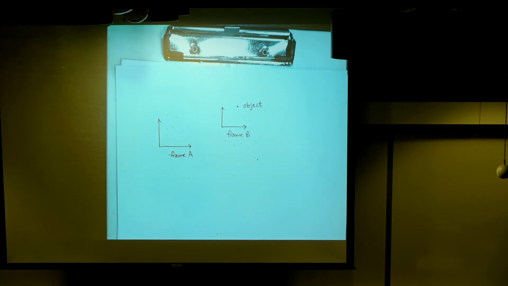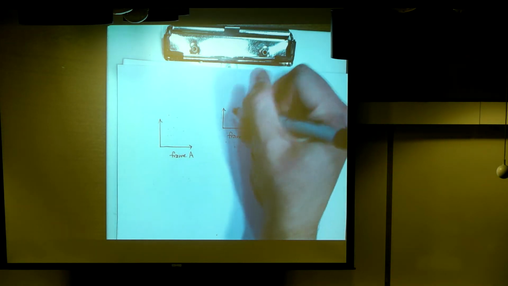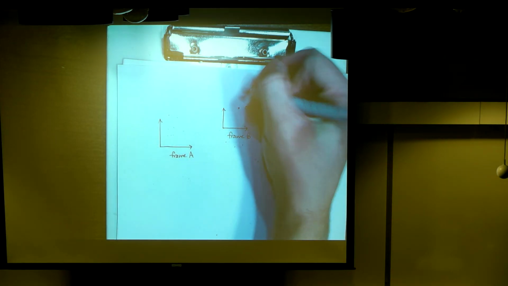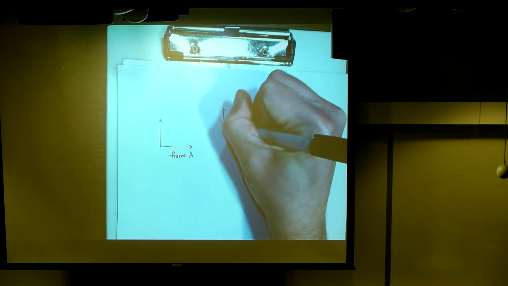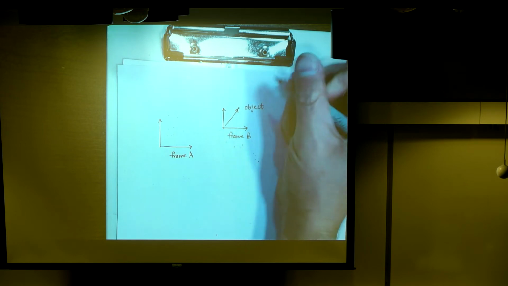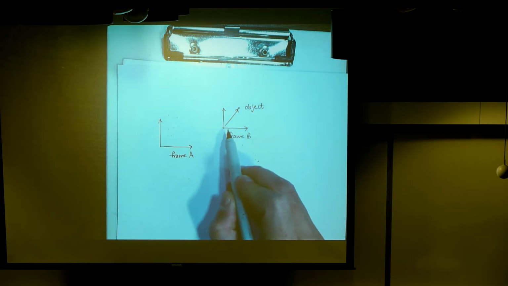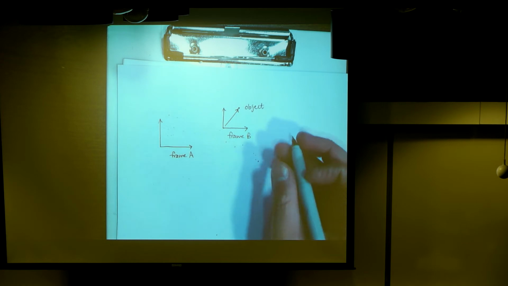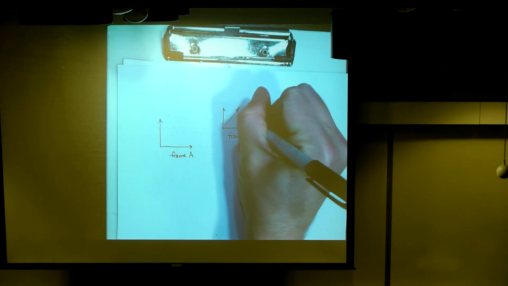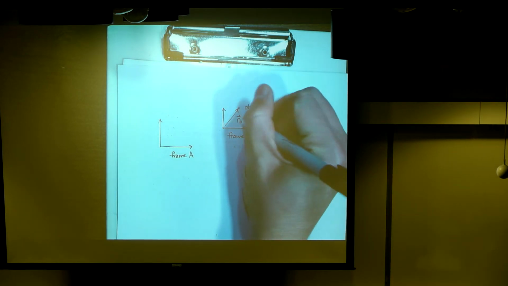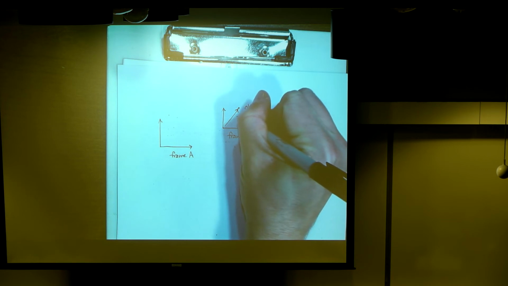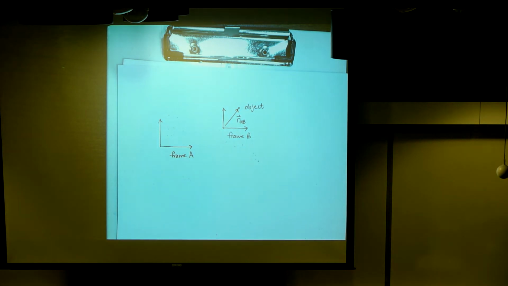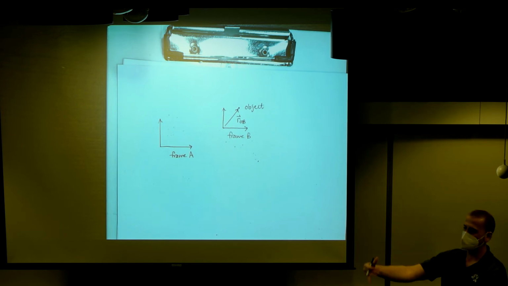Okay? So the position of our object, as we would measure it in the frame of reference B, is this right here. So if I go from the origin of frame of reference B out to where the object is, that would be the position of the object measured in frame of reference B. So I'd write that as ROB. That's how the notation works that we've just set up.